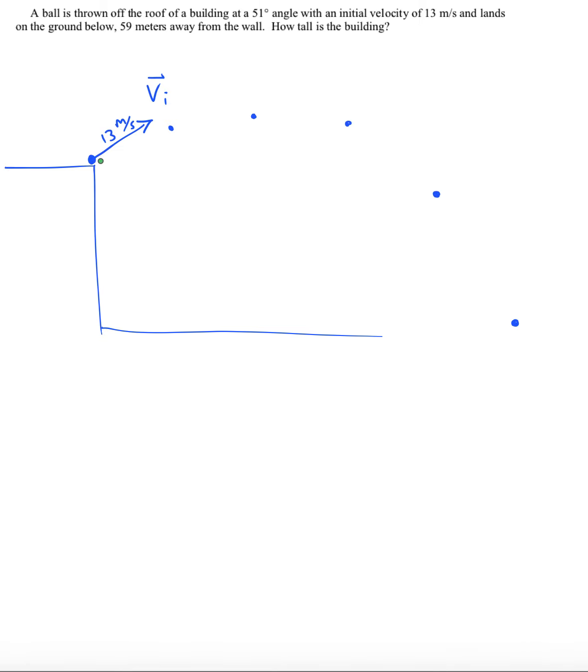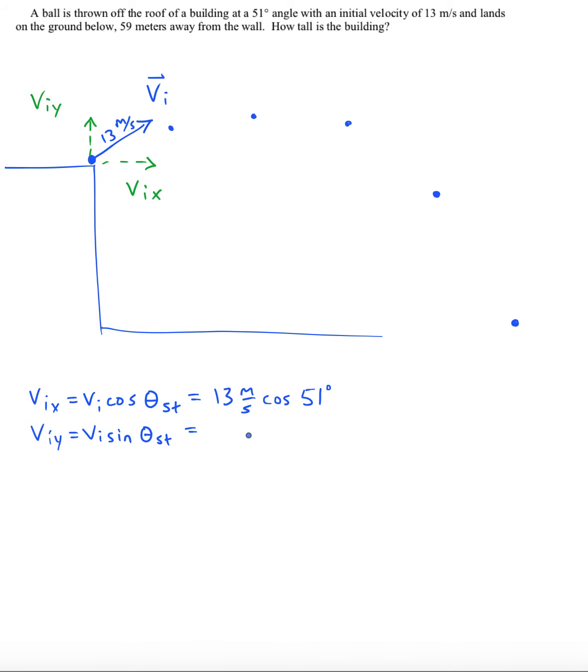Let's go ahead and calculate the VIX and the VIY for this launch. So just down here, VIX equals VI cos theta, and we'll have VIY equals VI sine theta. Our launch speed is 13 meters per second, angle of 51 degrees.